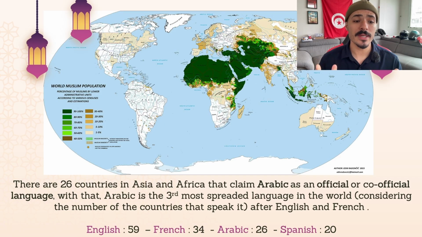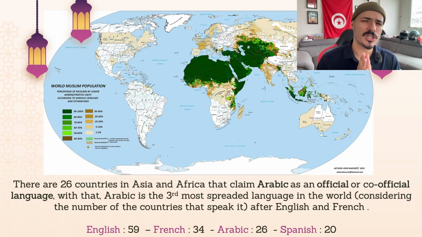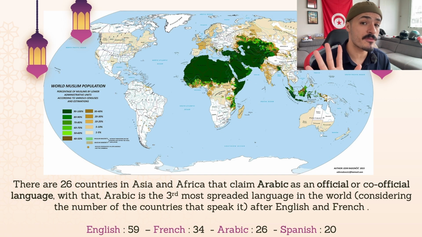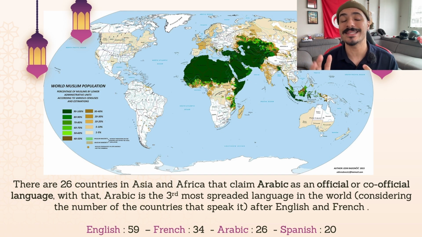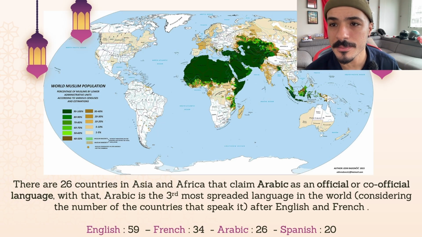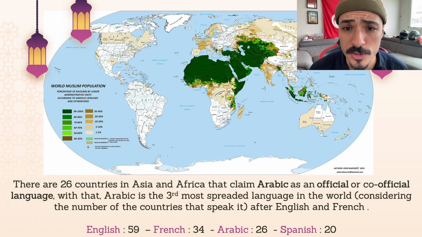All right, so yes, Arabic is the 3rd most widespread language in the world, ranking after English and French. It is the 5th most spoken, but it is the 3rd most widespread. We speak about the number of countries that claim this language as an official or co-official language.